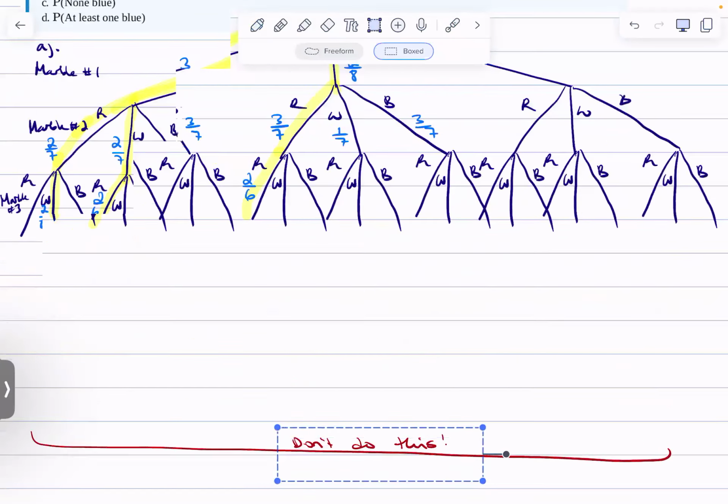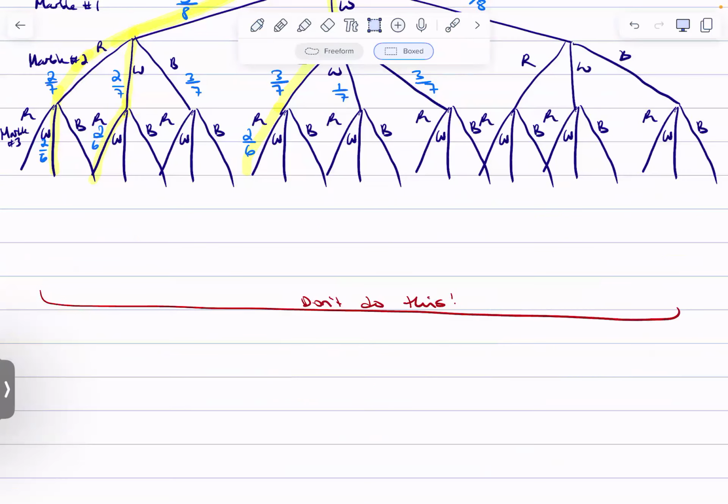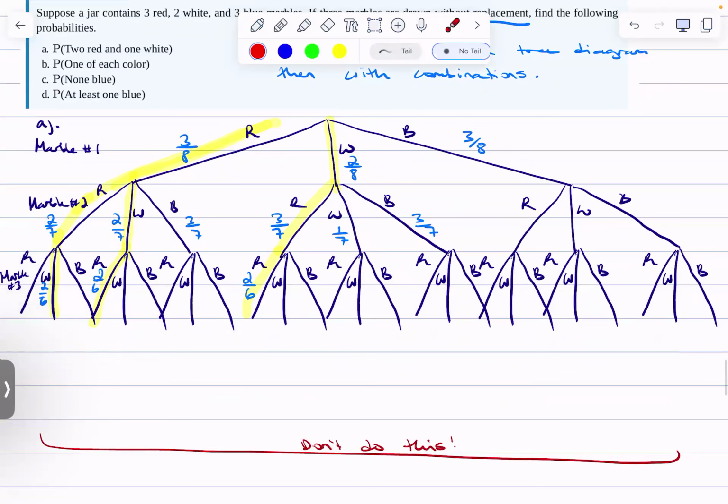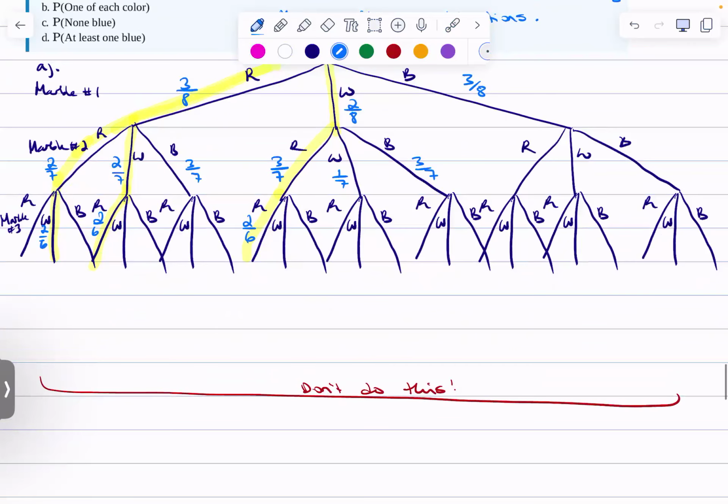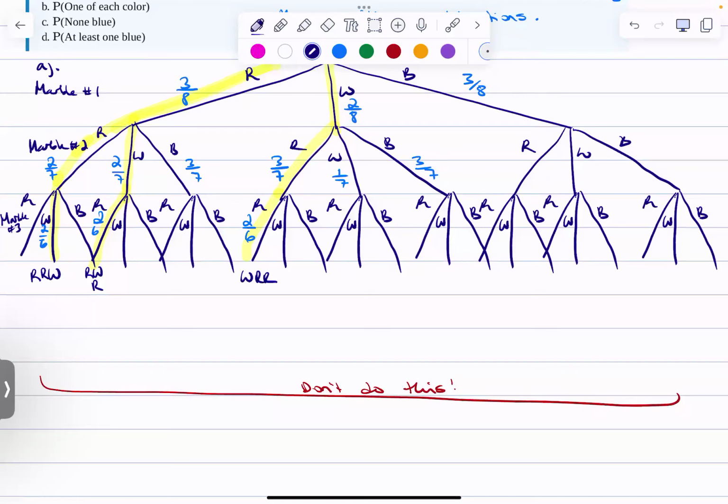I stand by that, don't do this, but I'll move it down just a smidge. Because at the end of each of these, right, I can write my combinations, RRW, RWR, and WRR.